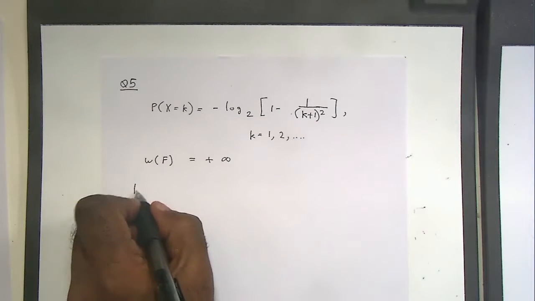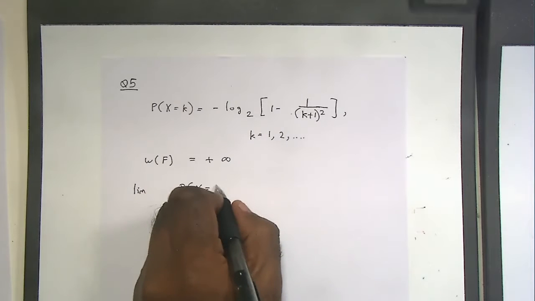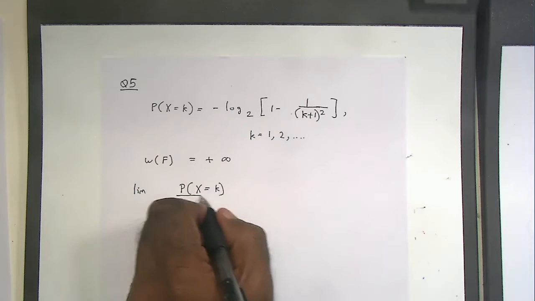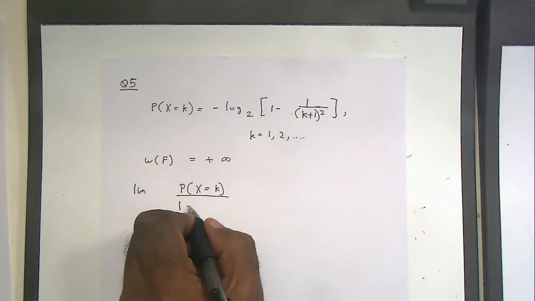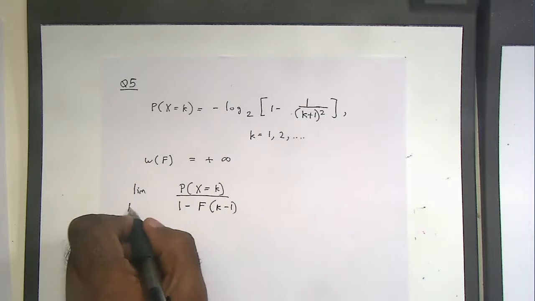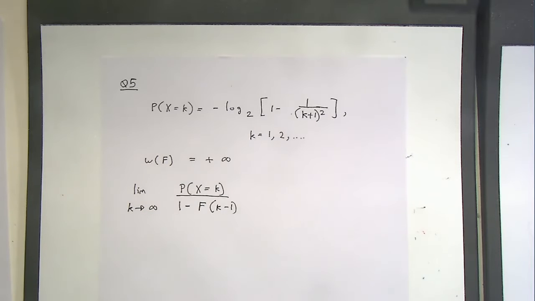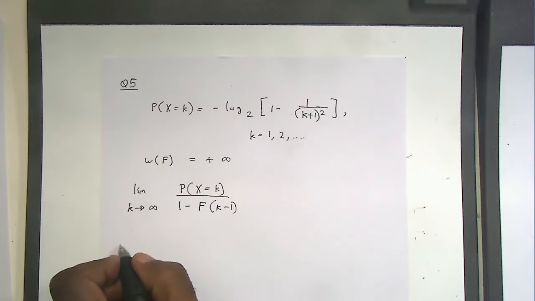So we want to find the limit. Are you with me, guys? We want to find the limit of this as k goes to infinity, right? So what would this be?